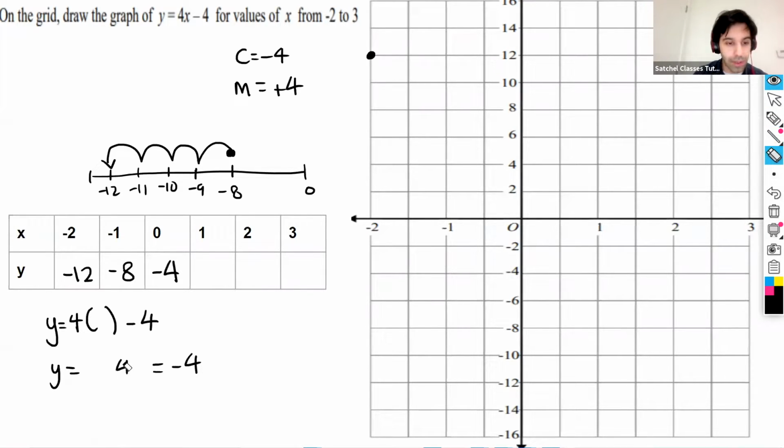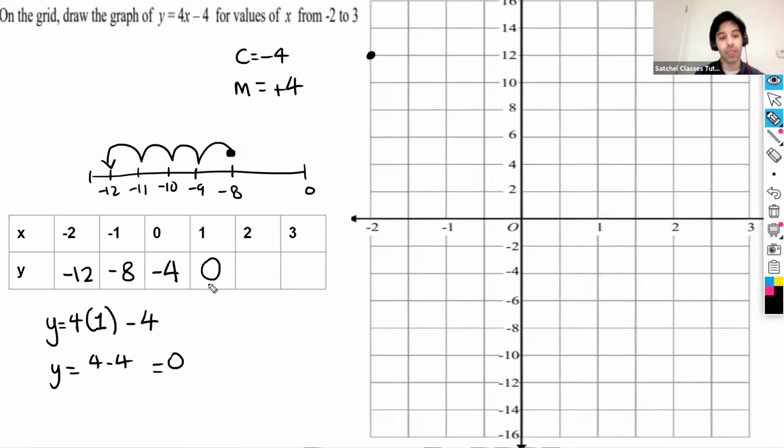So this time, instead of x, I'm going to substitute 1. So 4 times 1 is 4, and 4 minus 4 is going to be 0. So again, that's an increase of 4. It's a linear increase.